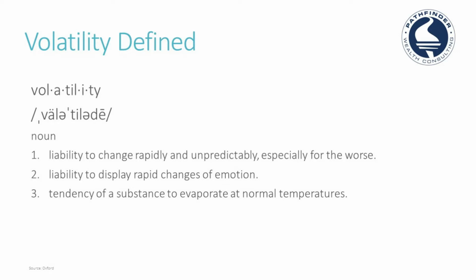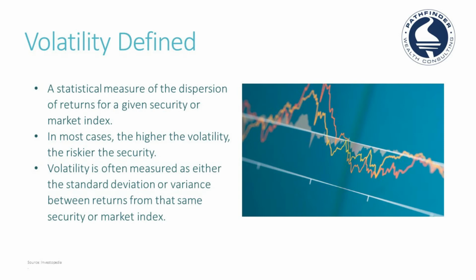Number 3, obviously unrelated to the stock market, is more for any of our science or chemistry folks like my wife, they would probably understand that version of the definition. So next, jumping into the Investopedia definition of volatility.